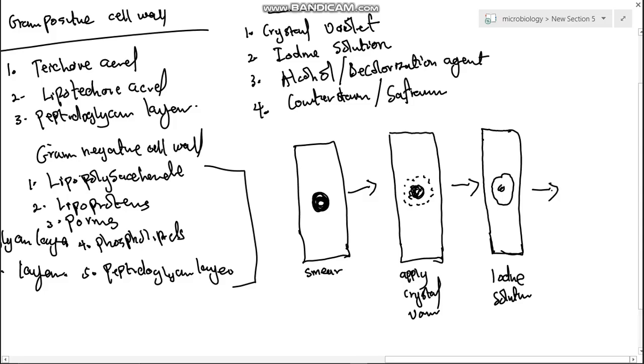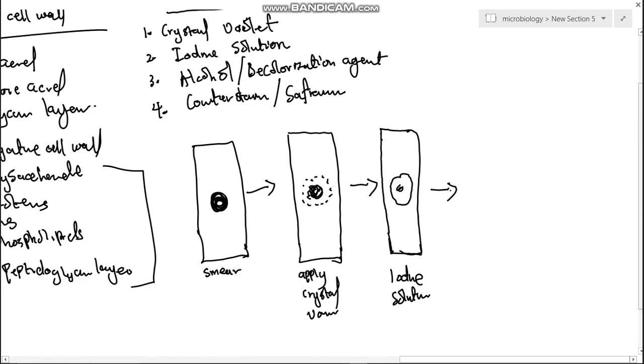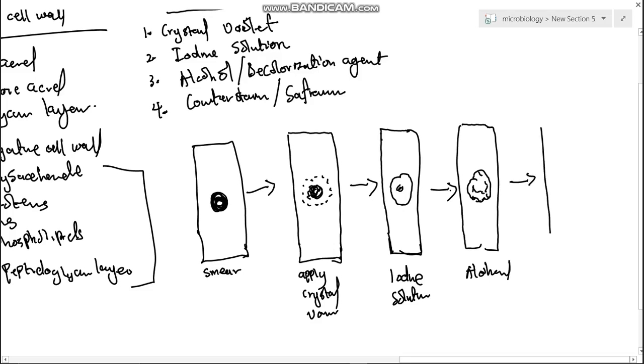After that, we will use our decolorization agent, that is the alcohol, to wash and decolorize. Then finally we use our counter stain, that is the safranin counter stain.